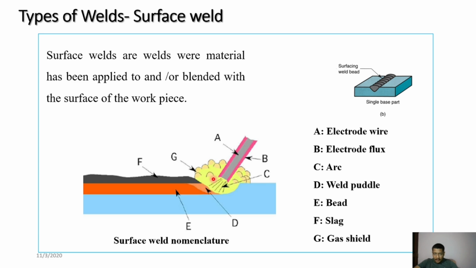That is only one use of the flux. There are other uses that we will discuss in detail when we discuss welding electrodes. And in all welds, the shielding is not done with the help of flux. In certain welding processes, it is done with the help of gases also.